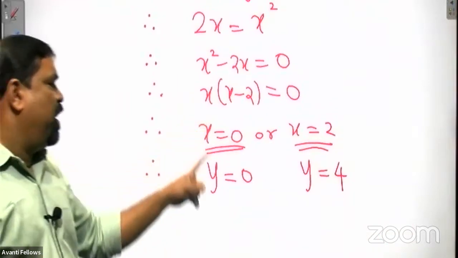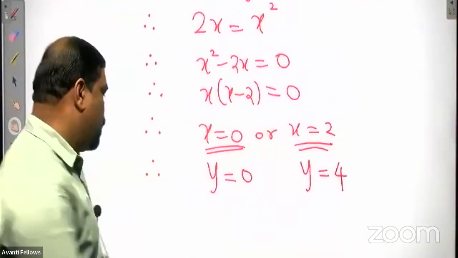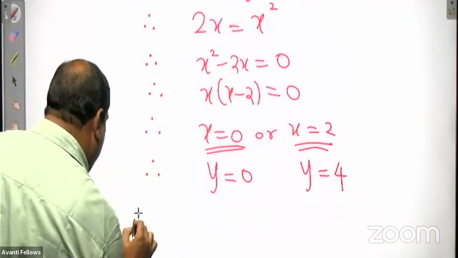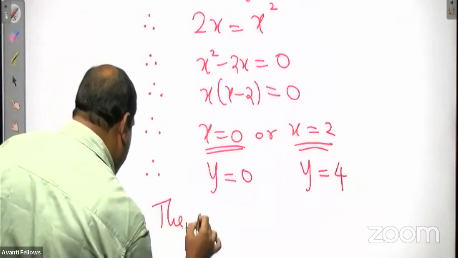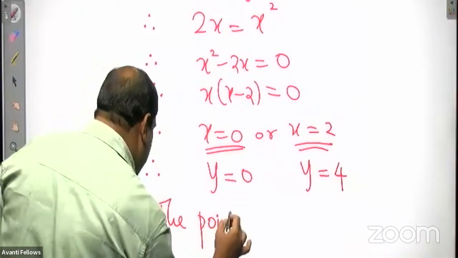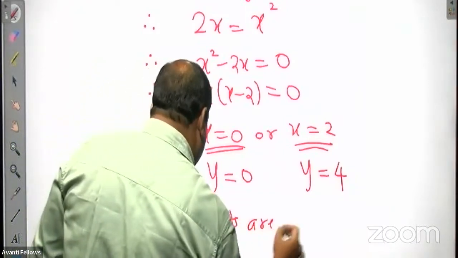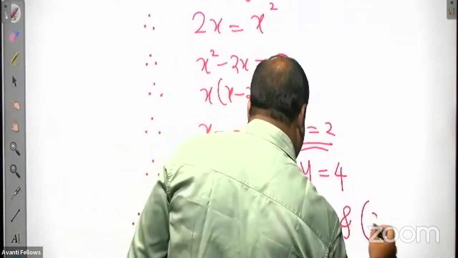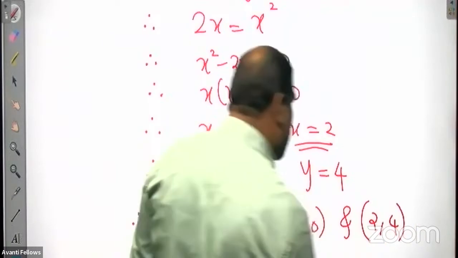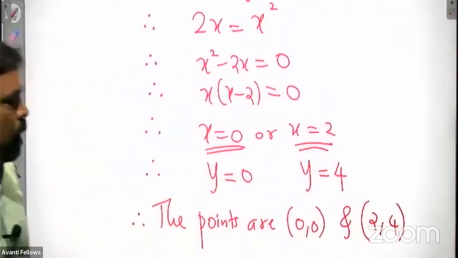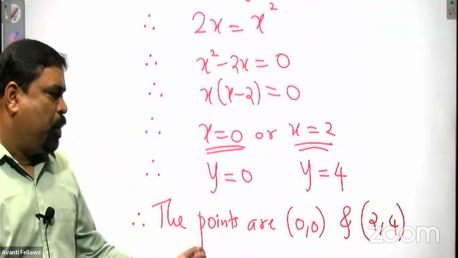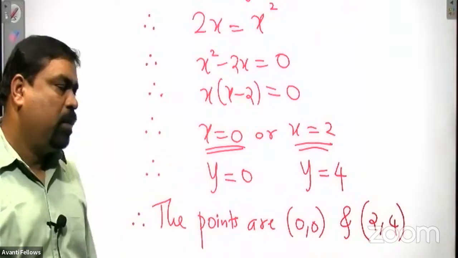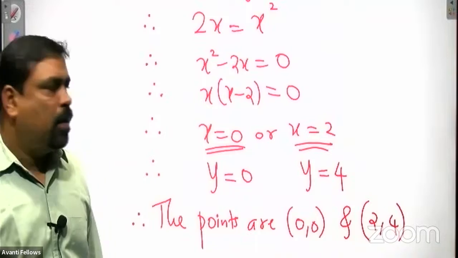Therefore, the points are (0, 0) and (2, 4). There are 2 points on that curve satisfying the given condition.